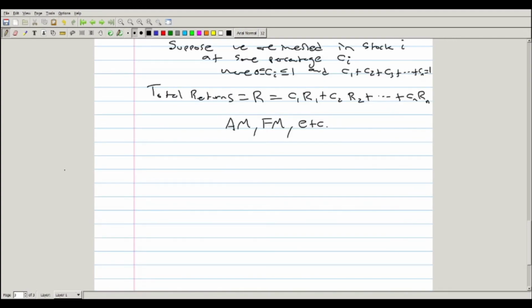And the last example that I'm going to touch on is an example in computer science. It's a relatively modern example.